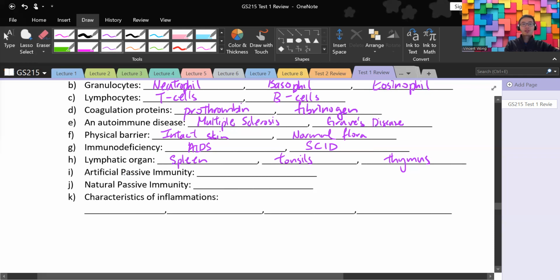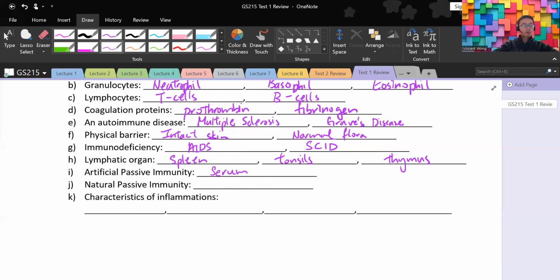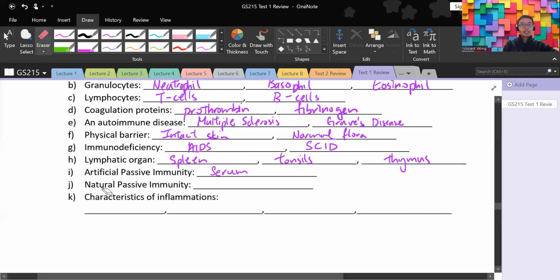Vaccine would be artificial active immunity because you still have to make the antibodies. Serum, remember, guys? We talked about serum, right? Serum is purified antibody. Remember the example where you get bitten by a snake, right? You need the anti-venom. It's in the form of serum. Natural passive immunity would be like breastfeeding.